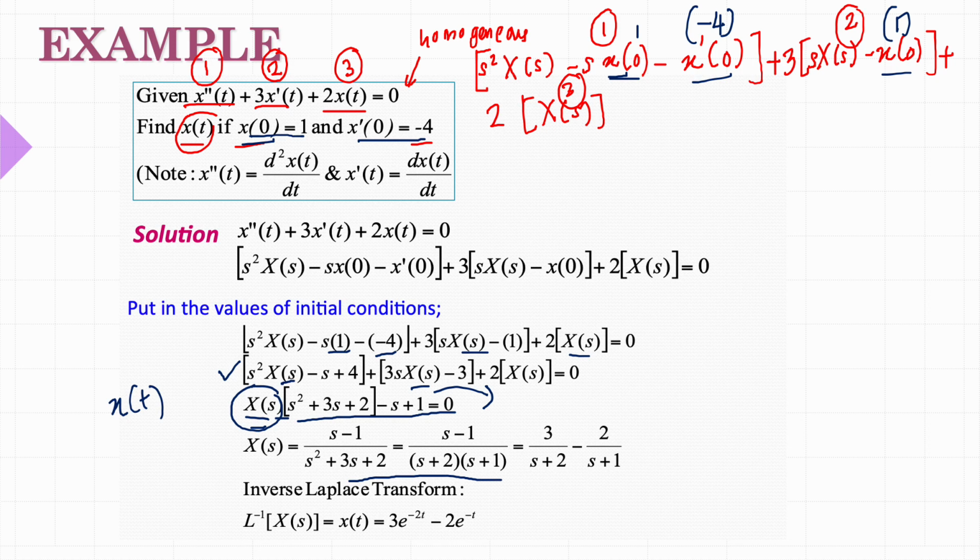From here, as usual, we use partial fractions and we get this value. This is the value of X(s), and then we can determine x(t). Therefore, x(t) is going to be 3e^(-2t) minus 2e^(-t).